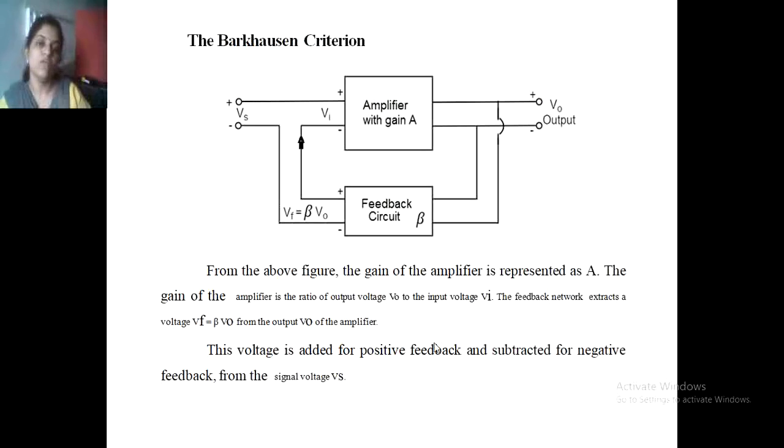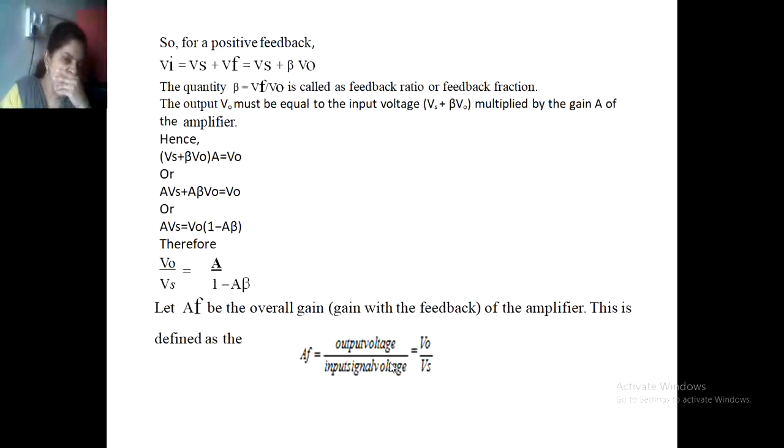By using this figure, the amplifier with feedback circuitry, we have reached AF equal to output voltage divided by input signal voltage.